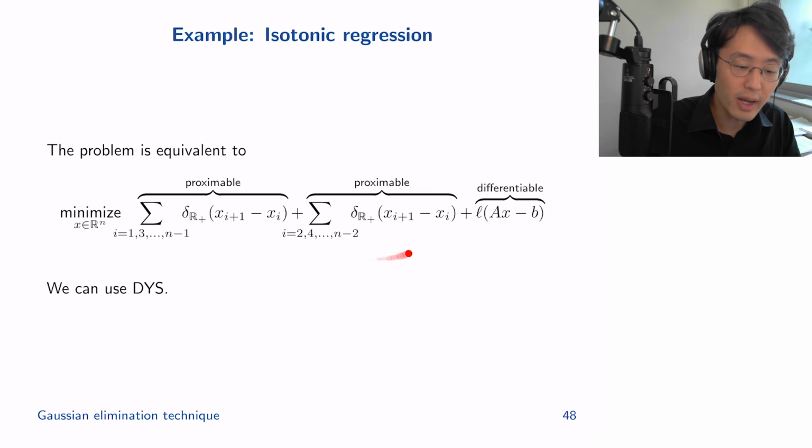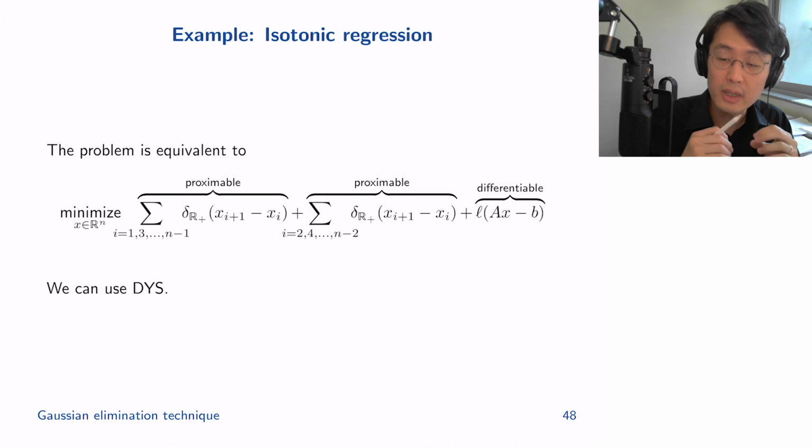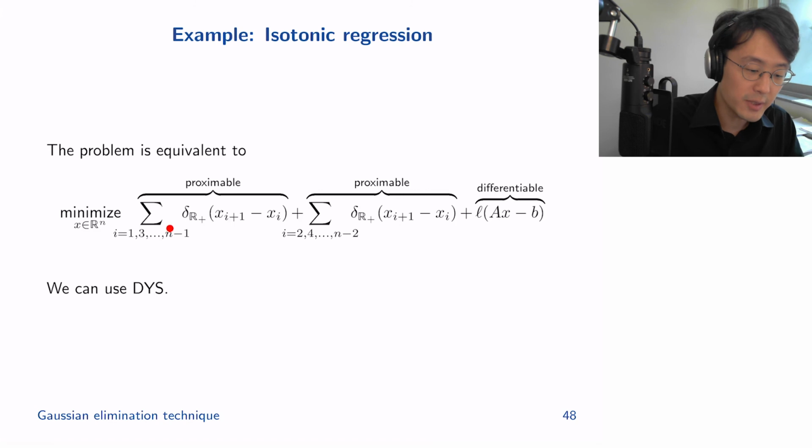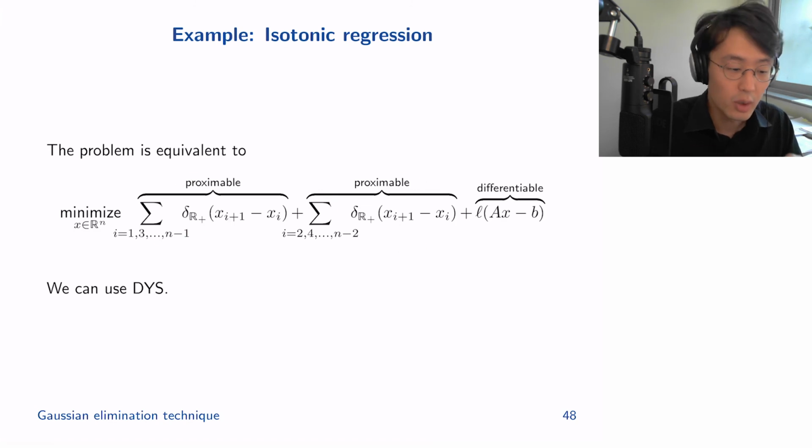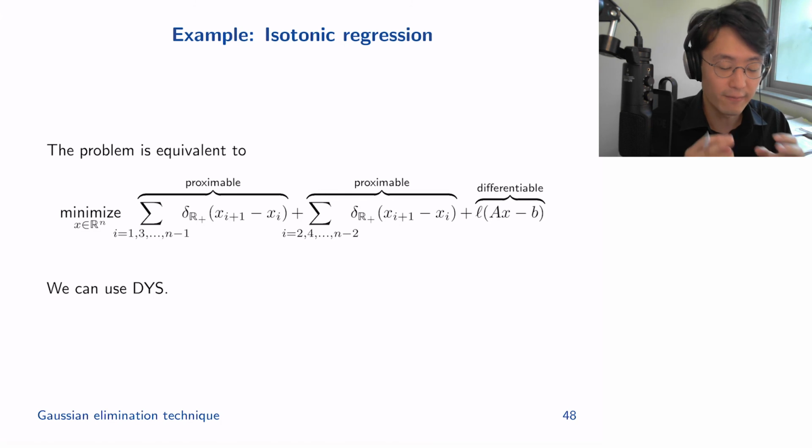So if you combine these two sums, because each coordinate of x appears within the sum more than once, in this case exactly twice, then the proximal operator with respect to those coordinates becomes all coupled and becomes a mess to compute. But by splitting up the isotonic constraint into these two odd and even parts, we are able to evaluate the proximal operator with respect to these constraints in a very efficient and simple manner.